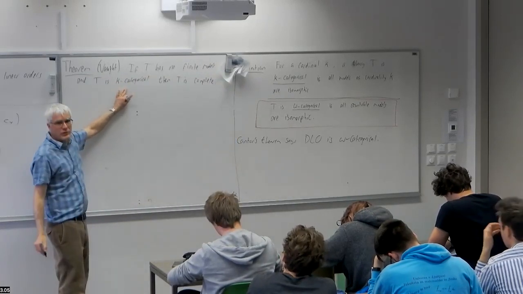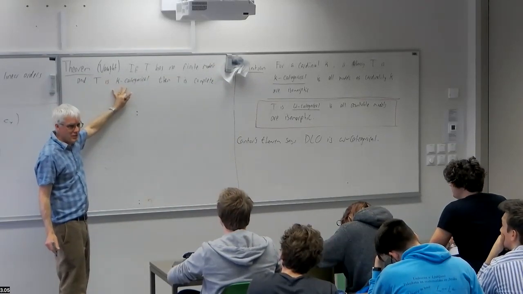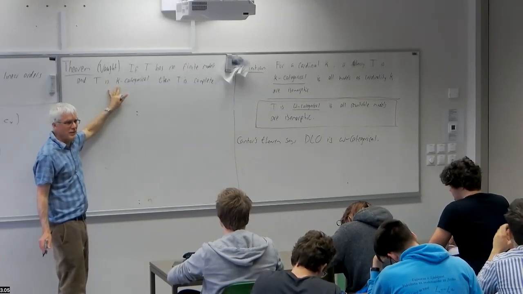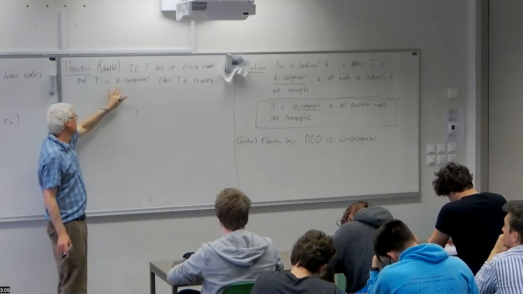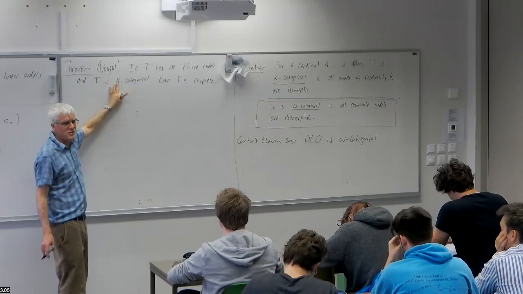This is the general statement, but in this course we're not dealing with arbitrary cardinalities, so it's not about set theory and cardinalities. I'm going to immediately replace this with omega categorical, and that's the only version we're going to need.